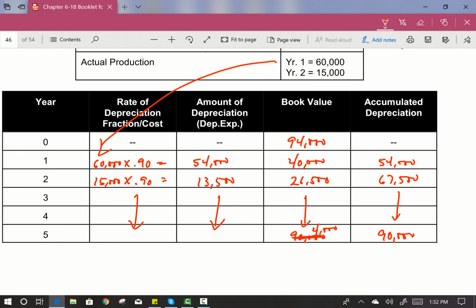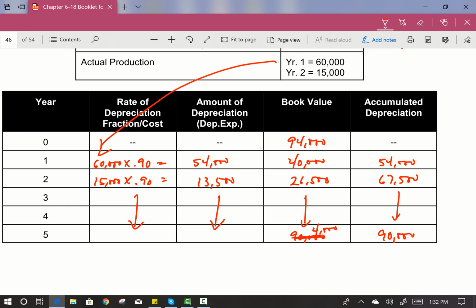The double declining balance method ignores the residual value in the beginning but acknowledges it in the end. It gives you the most depreciation in the first year, but in the last year you probably won't get any depreciation whatsoever. And its rate is based upon double that of the straight line method.